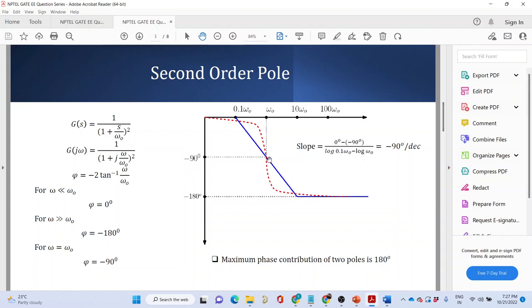You know that the actual Bode phase plot and the asymptotic Bode phase plot may be different, but at this point the error is 0. So you simply check the sinusoidal response and see whether the phase difference between them is minus 90 degrees or not. That would be your corner frequency. Any other method that you can think of?